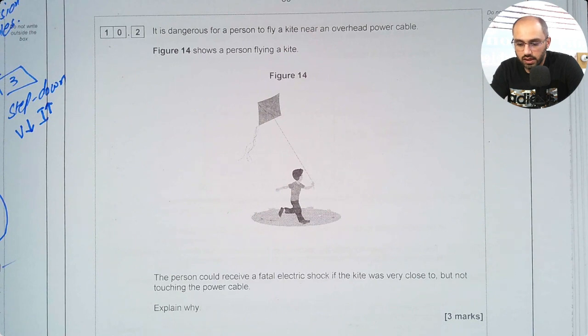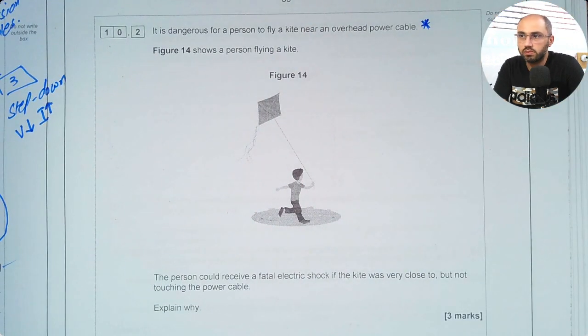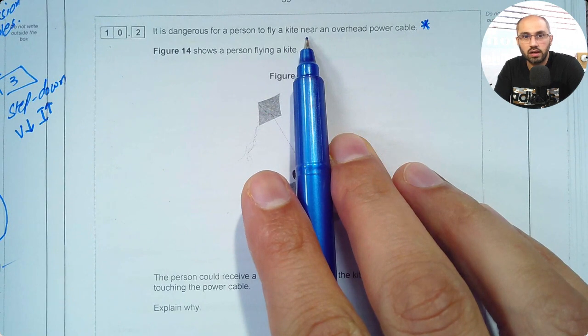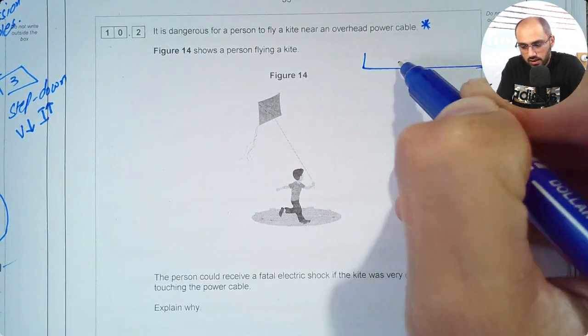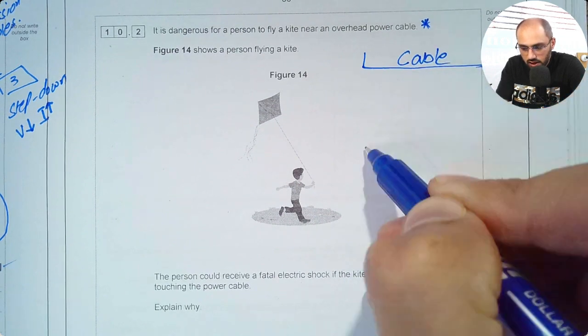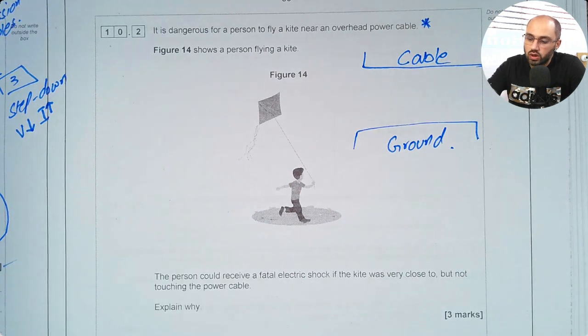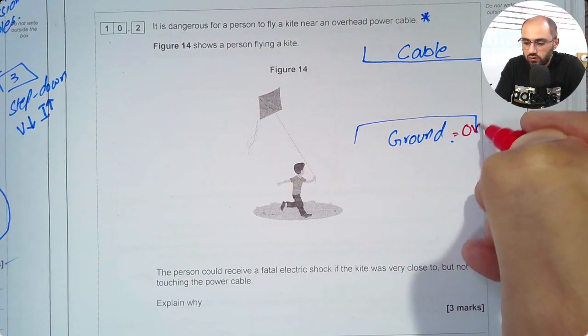Next part of the question says it is dangerous for a person to fly a kite near an overhead power cable. Figure 14 shows a person flying a kite. Now this is an important statement. So I can convert this statement into an understandable diagram. So I can say here, this is cable and here is my ground. Now if you recall, ground is always at 0 volt.